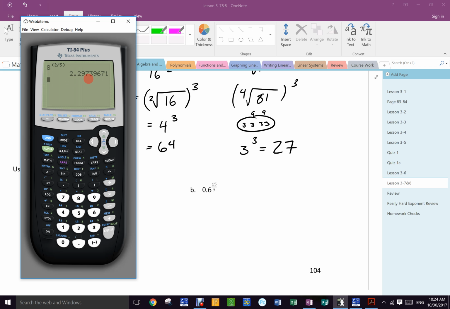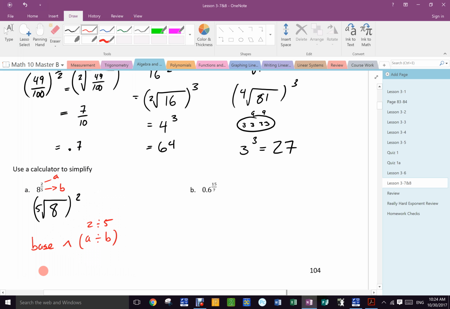I would just round to 2.97 because that's the spot where you can stop rounding. Do you understand what I'm saying? The 9 bumps up the 3, the 7 bumps up the 9, but the 3 doesn't bump up anything. So I would take that to 2.97 if I were a math student in the 9th grade, or 2.297, sorry.